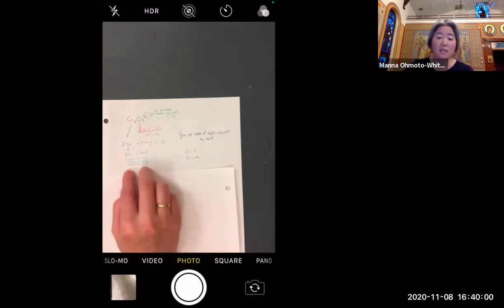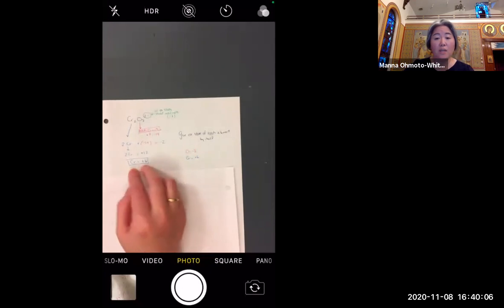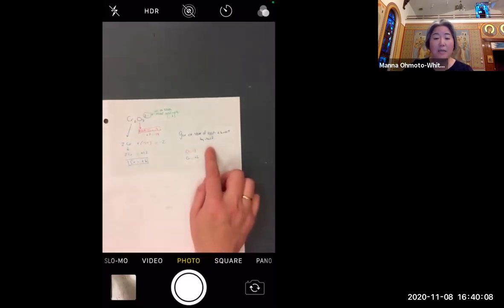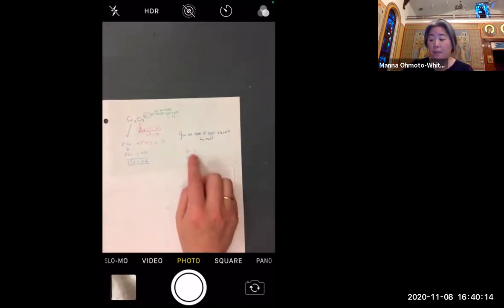Each chromium has an oxidation state of +6. So when we talk about oxidation states within a compound, we're talking about each element by itself, not the 7 oxygens and the 2 chromiums, but each oxygen and each chromium. Each oxygen has an oxidation state of -2, and each chromium has an oxidation state of +6.